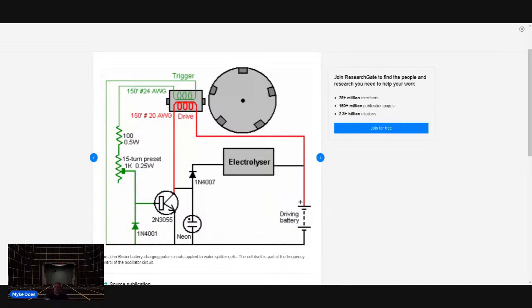But while looking into the Bedini circuit for my own little modification of it, I realized exactly why it self-oscillates, and I will point that out right now. So you can see my mouse here.